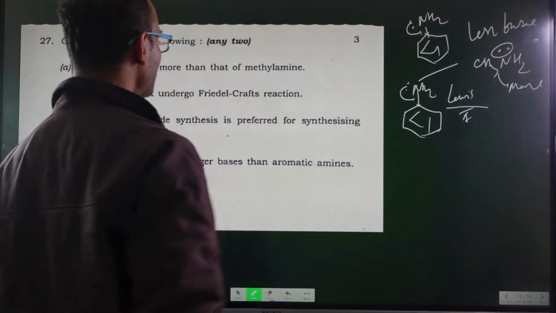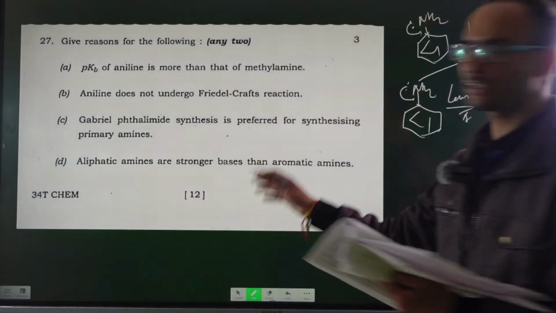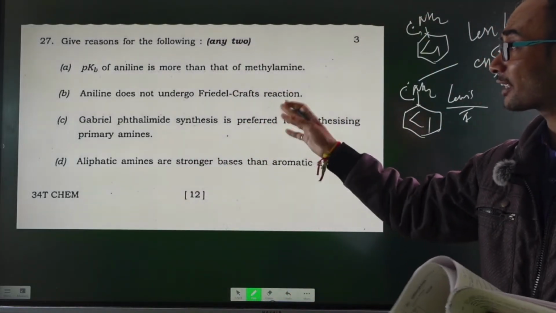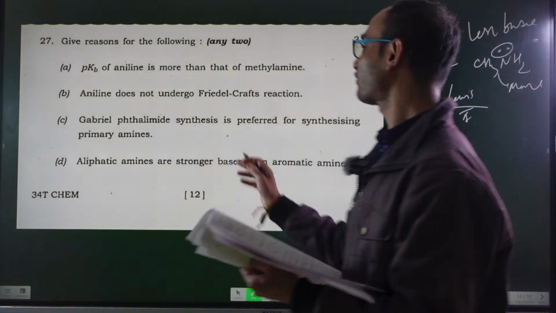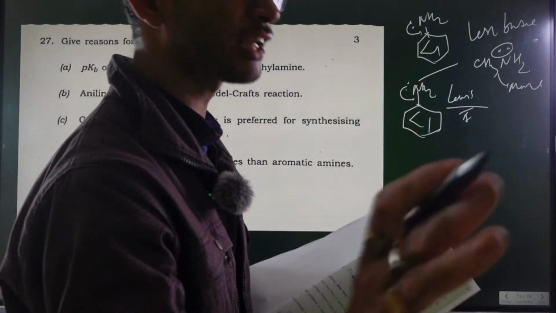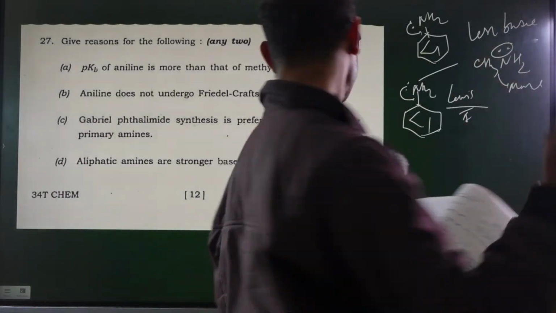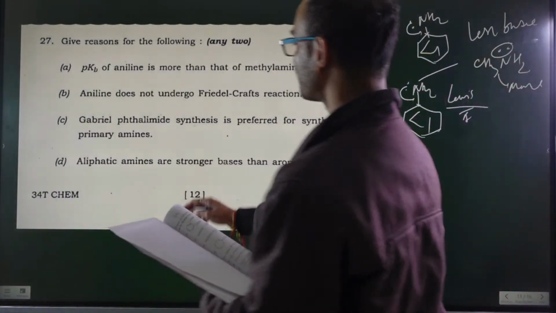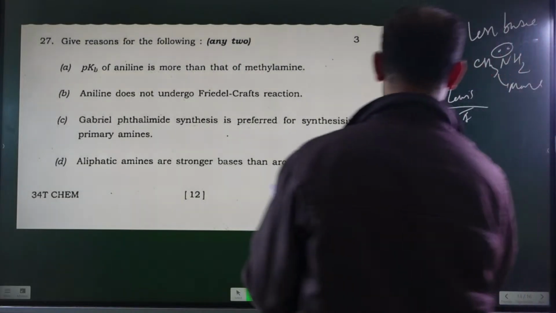But Gabriel phthalimide synthesis is preferred for synthesizing primary amines. Here you can write that Gabriel phthalimide synthesis is very useful for the synthesis of primary amines, because in this case there is no formation of side products, that is secondary and tertiary amines. Only primary amine will be selectively formed. In the D case, aliphatic amines are stronger bases than aromatic amines.